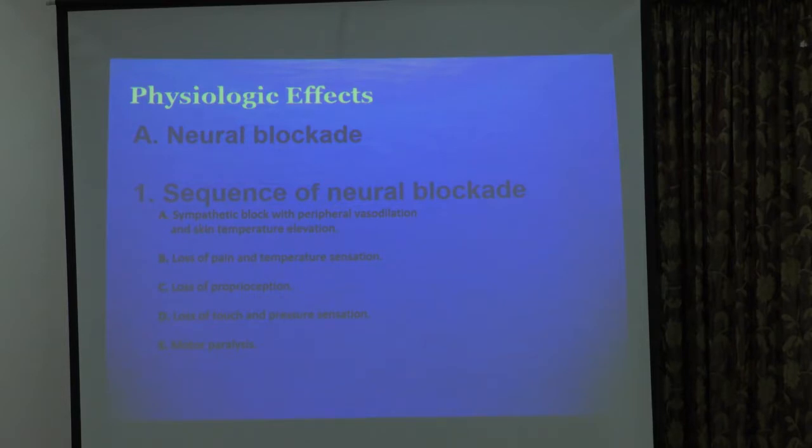That's why at times, immediately after the patient lies down, or even before, you see the blood pressure dropping. At that time, the spinal is working. If you repeat a spinal again at this stage, you can imagine what you will get.